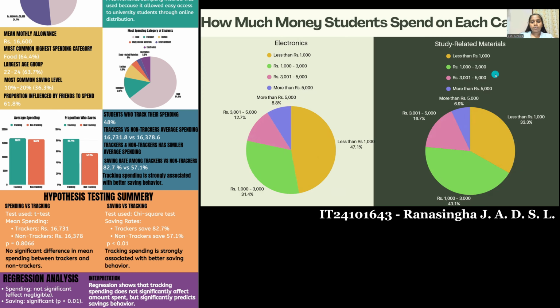The largest group, 43%, spend a medium amount between 1,000 and 3,000 rupees. Spending on things like electronics and study materials is usually low. This shows these are not their main financial issues.